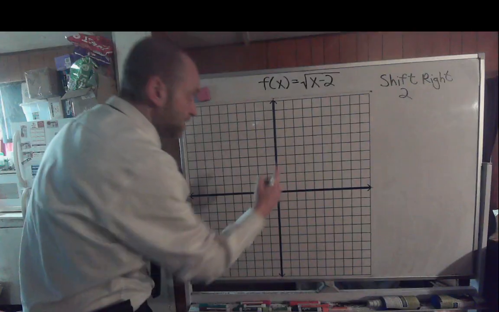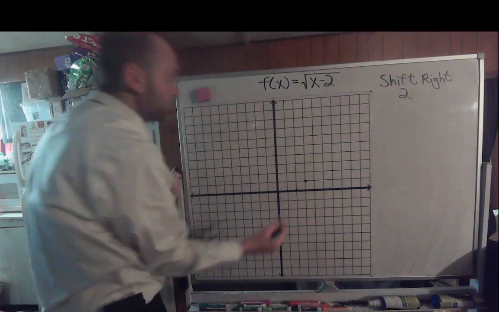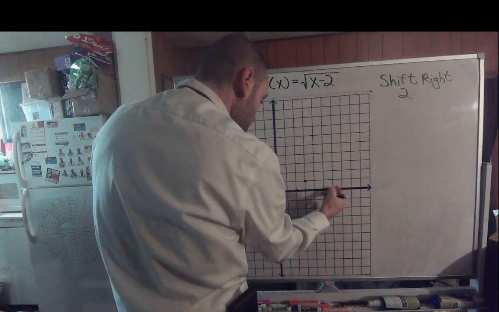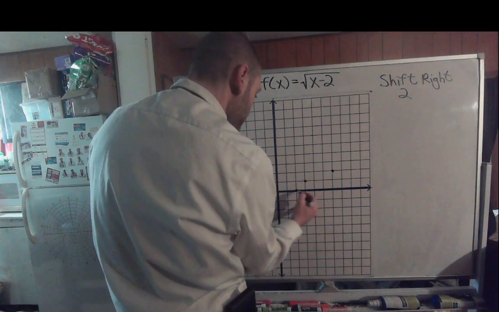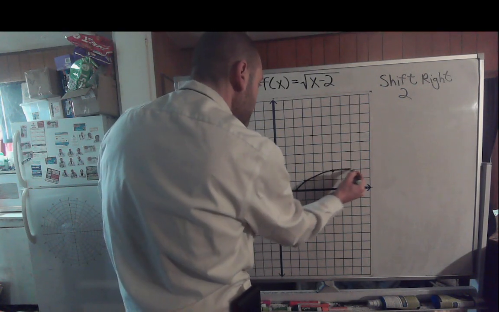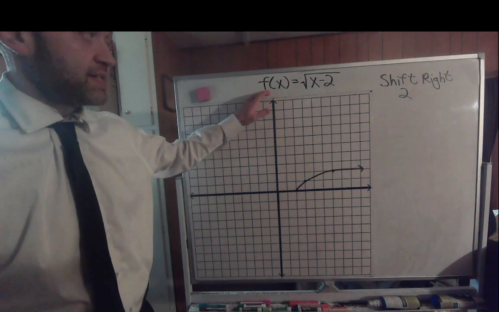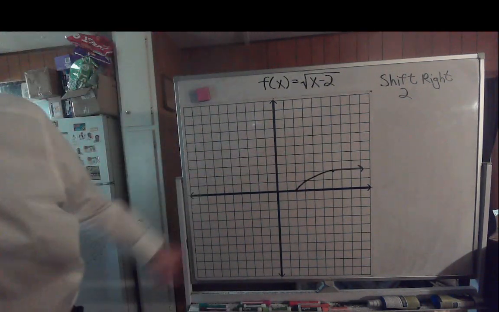So at x equals 2, I'll get y equals 0. X equals 3, I'll get y equals 1. Then at x equals 6, I would get y equals 2. So all I've done to my original graph of f of x equals the square root of x is I've taken everything and shifted it to the right 2 units.